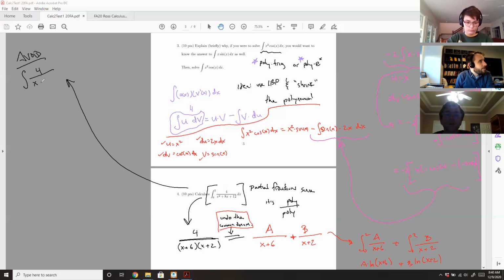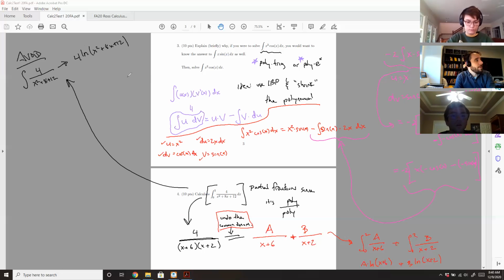Some of you might get it in your head to just jump directly to saying, oh, well, the 4 stays out front, and then we have a denominator, so that just becomes the ln of x squared plus 8x plus 12, right? Because it's a constant up front, and then there's this denominator, so we use an ln trick. Not true, not true. Easy mistake to make.